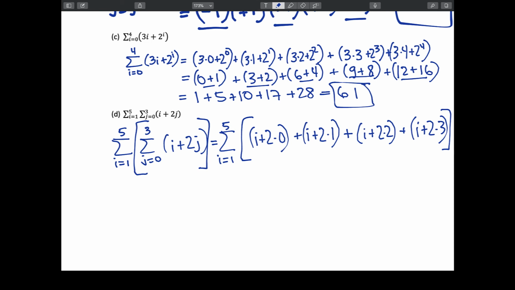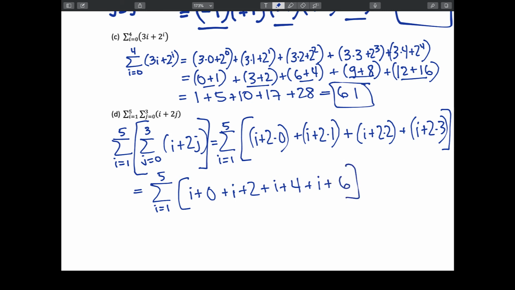And so we can break that down a bit further. We'll leave this as i equals 1 to 5. And then we'll see that this is the same as i plus 0, plus i plus 2, plus i plus 4, plus i plus 6.